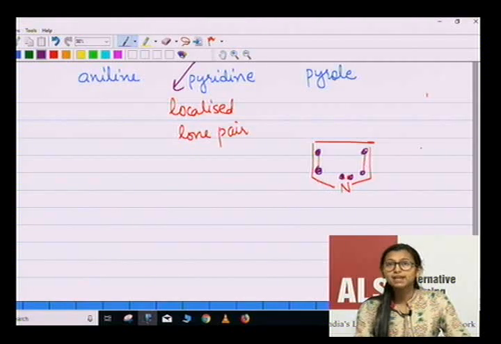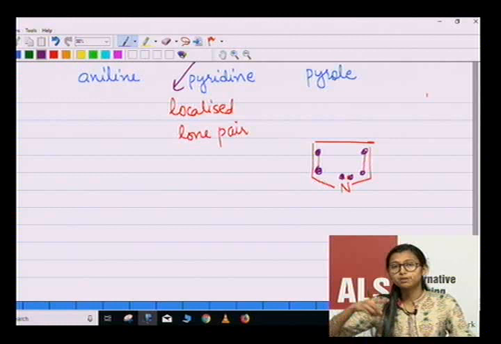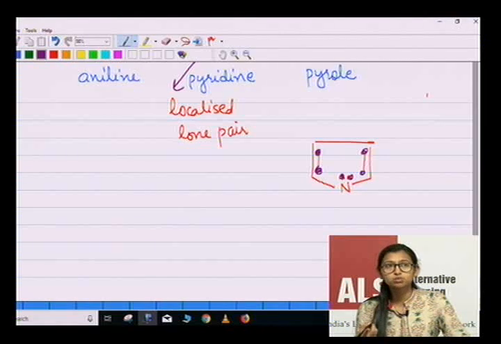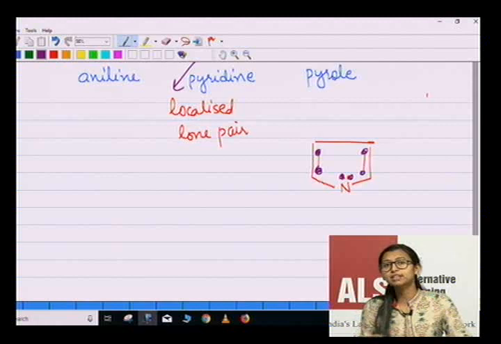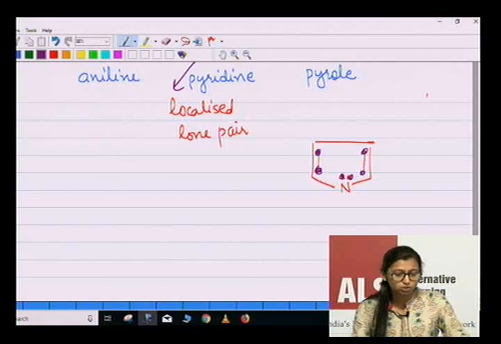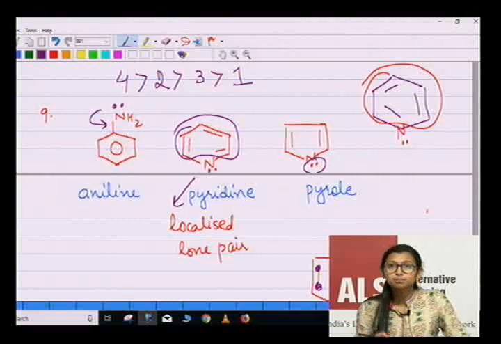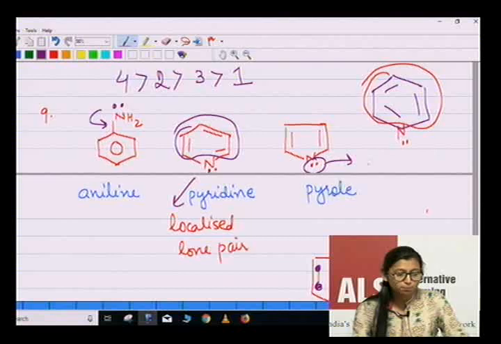So 6 pi electrons will keep on revolving, okay? So it means that in the pyrrole, the nitrogen lone pair will take part in the resonance. Because if it takes part in the resonance, only then there will be the resonance in the complete structure, okay? So I am saying that this lone pair is making the system aromatic by having the proper delocalization.